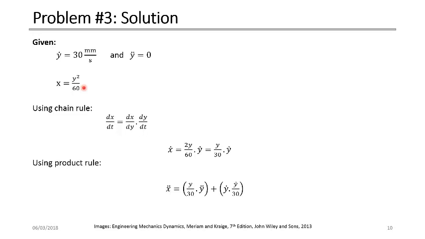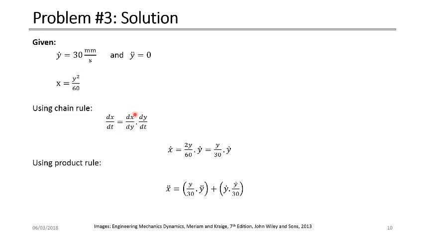But here we need to use the chain rule, obviously, because x dot is dx by dt, and here x is not directly a function of time, it's a function of y. So on the left-hand side, we just differentiate with respect to t. So dx by dt, which is x dot, is equal to, on the right-hand side, we cannot differentiate with respect to time.